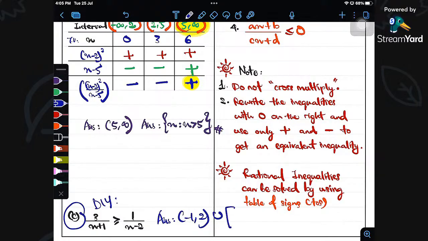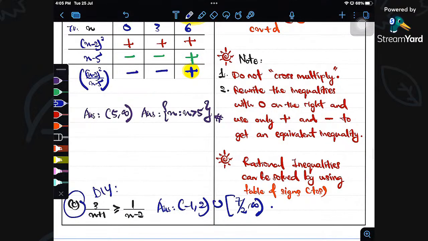See whether you followed my instructions for this question. So please make sure you write down both answers, like this, or x is more than or equal to 7 over 2.